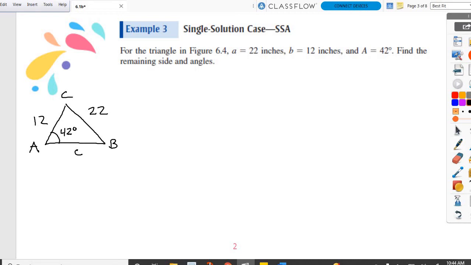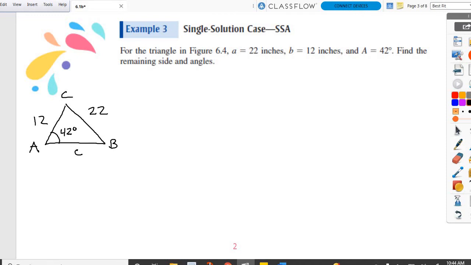There's no angle, so we would still have two unknowns there. So we can't solve for little c to start off with. Could I solve for big C to start off with? Not really, because I don't have side c, so I can't have a full ratio to where I can solve for something. So what are we left with solving for first? Big B. That's the only one we have enough information to solve for.